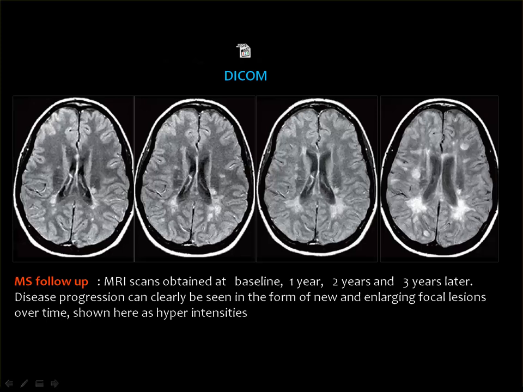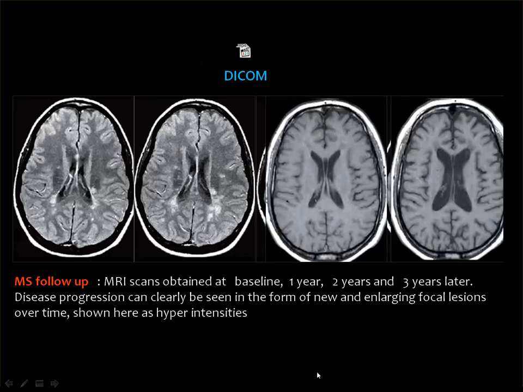And we try as much as we can to compare images, the previous one with the recent ones. But if you look at this example, the initial scan and the follow-up scans at 1 year, 2 years, and 3 years, it's easy for you to say that the disease is progressive.